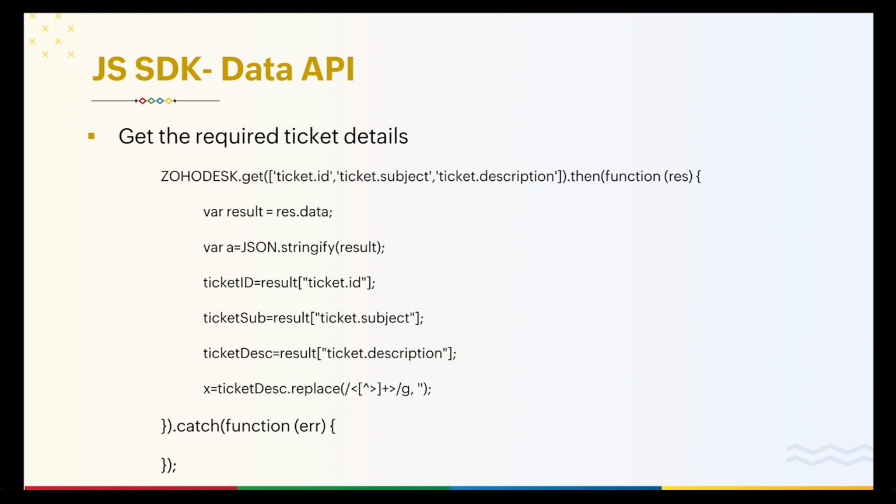Here is the code we have used to fetch all the required ticket details, which will then be used for creating a task in Zoho Projects. The ZohoDesk.get along with the property name will fetch the ticket related details. We have got some basic information from the ticket like ticket ID, ticket subject, and ticket description.